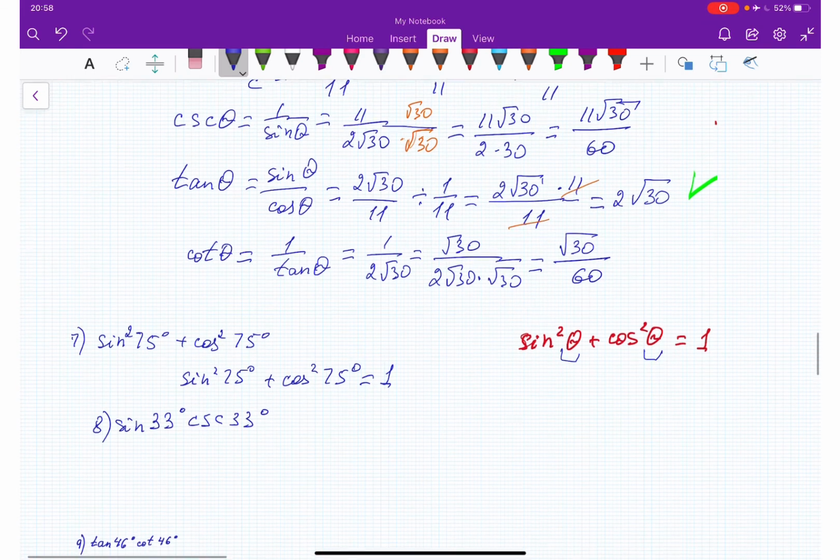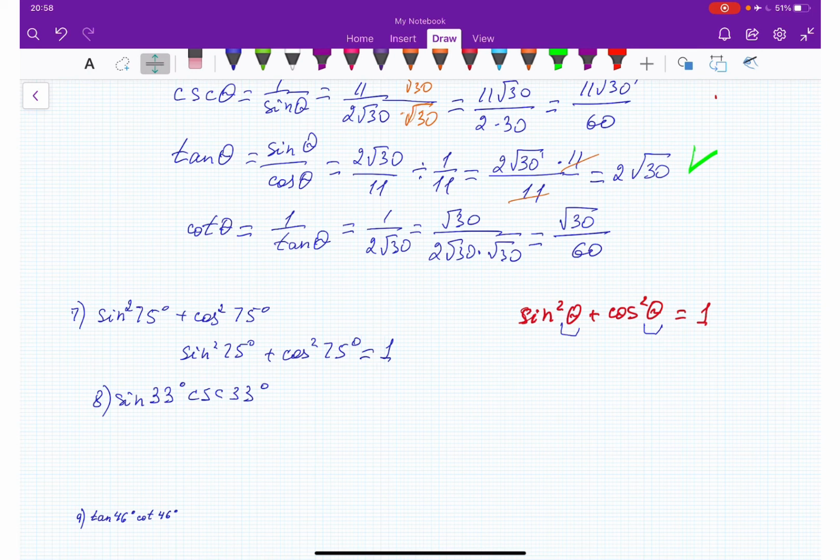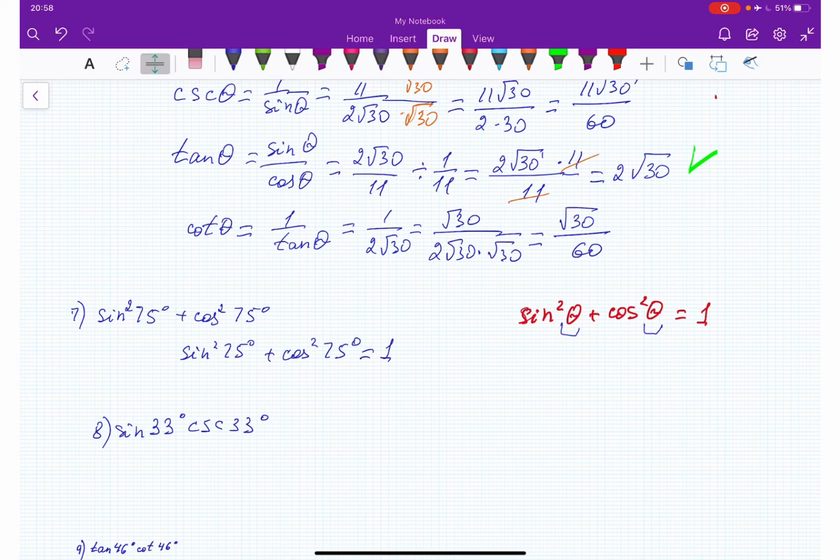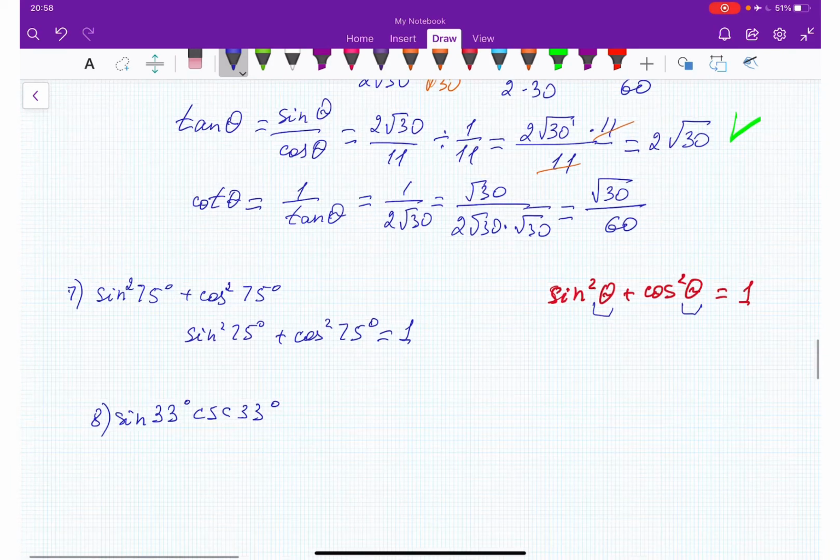Question number 8. So we are going to solve sine 33 degrees times cosecant 33 degrees. All right. First of all, let's identify the cosecant. Cosecant theta is equal to 1 over sine theta. Let's apply this.